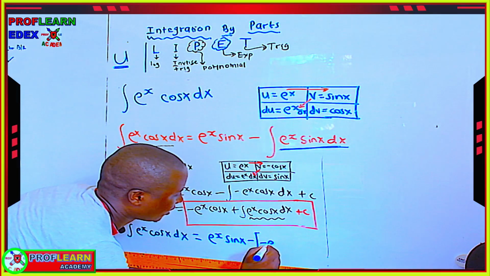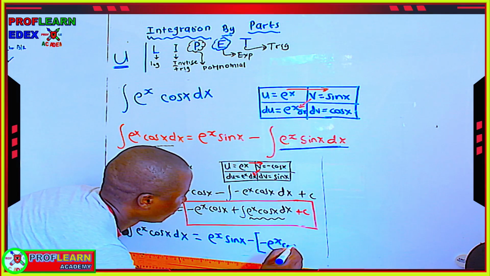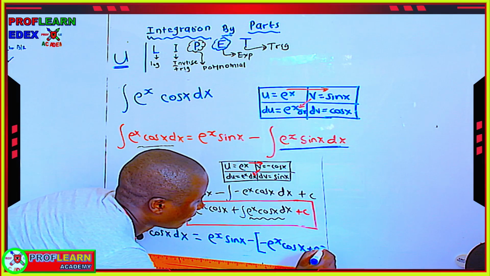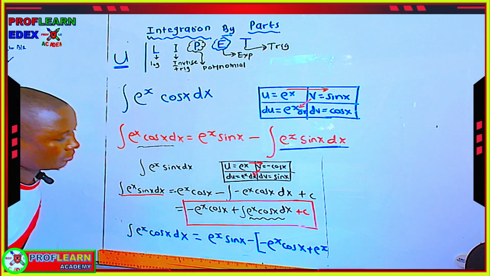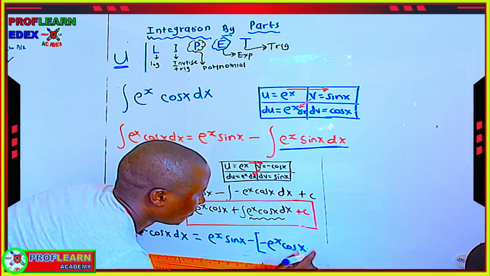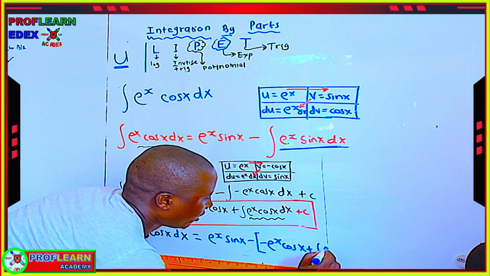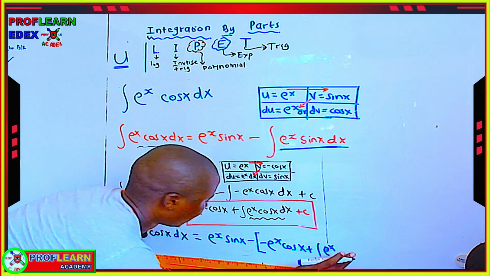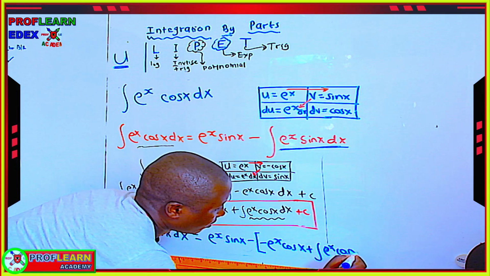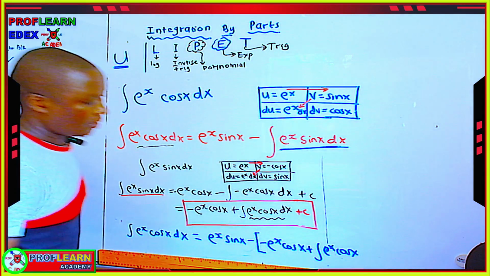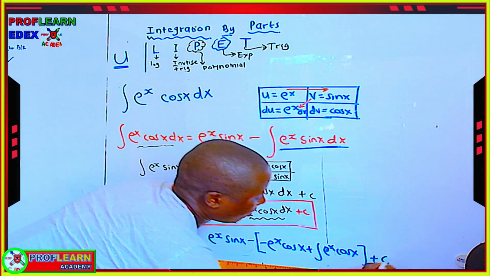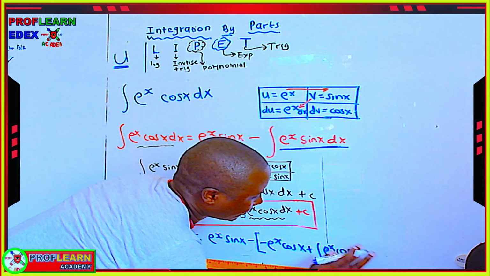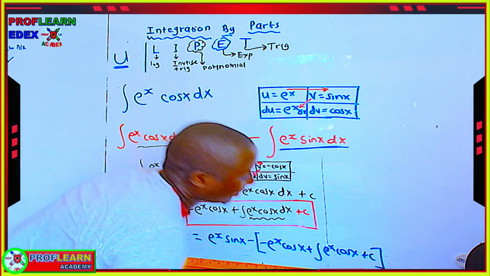So it's going to be minus e^x cos x plus the integral of e^x cos x. Yeah, then we shall say plus c. We can even write it inside here. So then plus c, we can write it there.